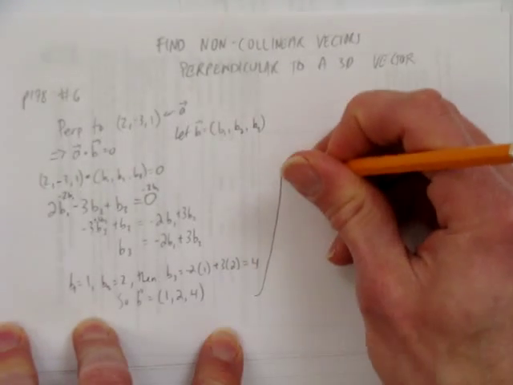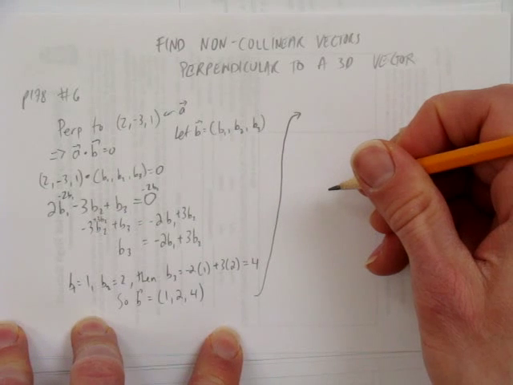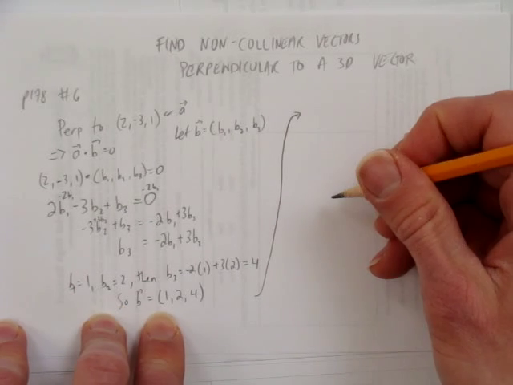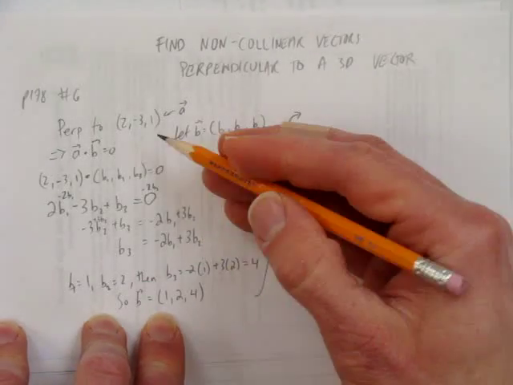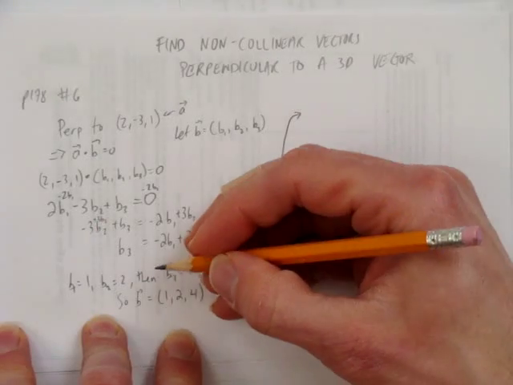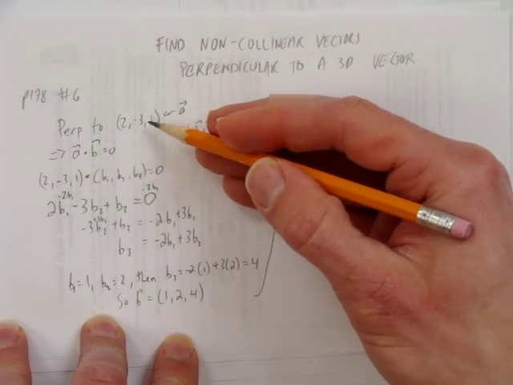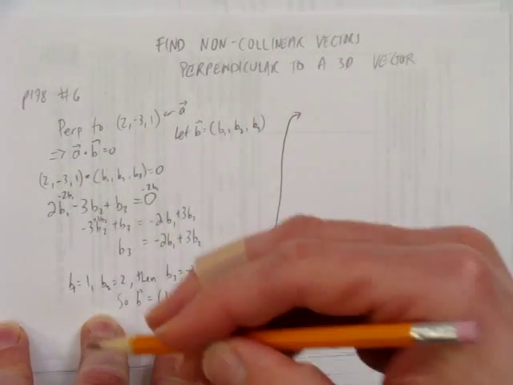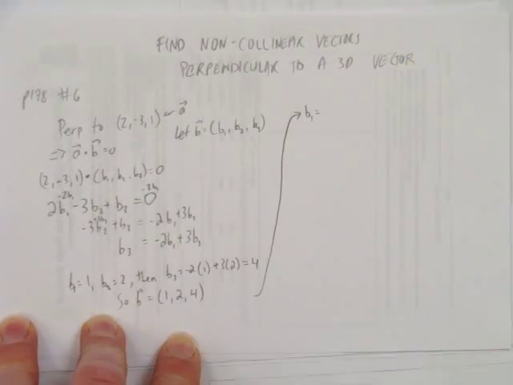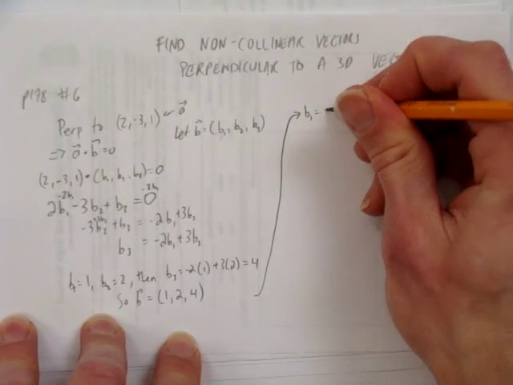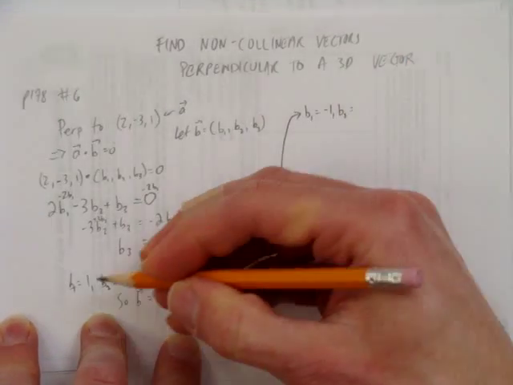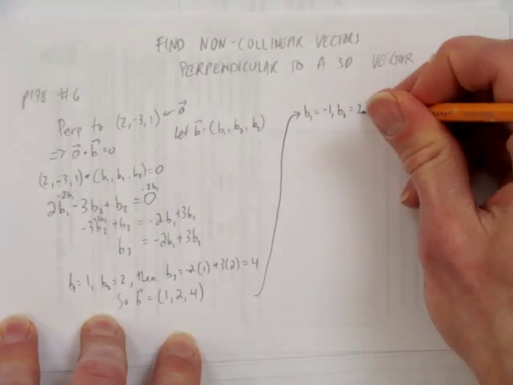We can keep going. The question says, find three non-collinear vectors perpendicular to this original vector, which I called A. So let's pick something else. We want to make sure of non-collinear, so we don't want to pick multiples of the same numbers. To avoid that, I'll choose a b1 that's something different than 1. How about b1 is -1, and b2, I don't have to change both of them, I just need to change one. I can leave b2 as 2.